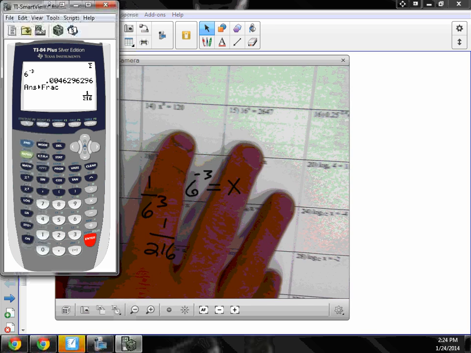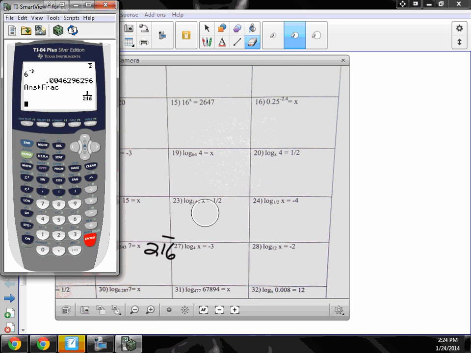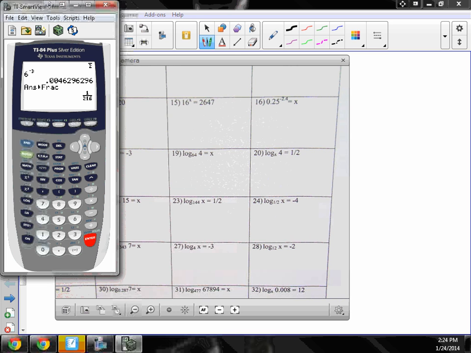Look at number 20. How do we solve when we're missing a base? Convert it to exponent. Good. So number 20 converted is x raised to the 1/2 equals 4. What's the opposite of the 1/2 power? Squared.